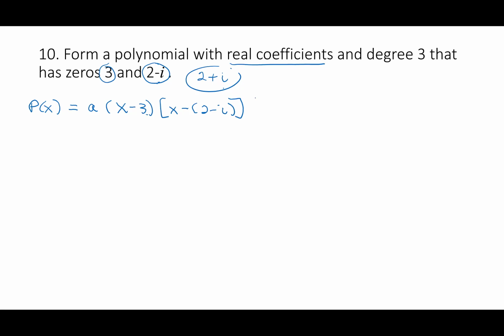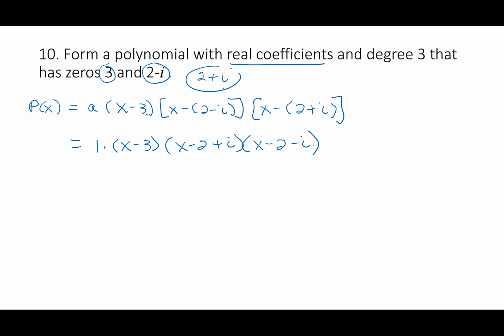If 2 plus i is a 0, then x minus (2 plus i) in parentheses is a factor. And I'm just going to let a be equal to 1. It's as easy as anything, and there's no special requirement here where I have to let a be equal to something different. I write x minus 2 plus i, and x minus 2 minus i.